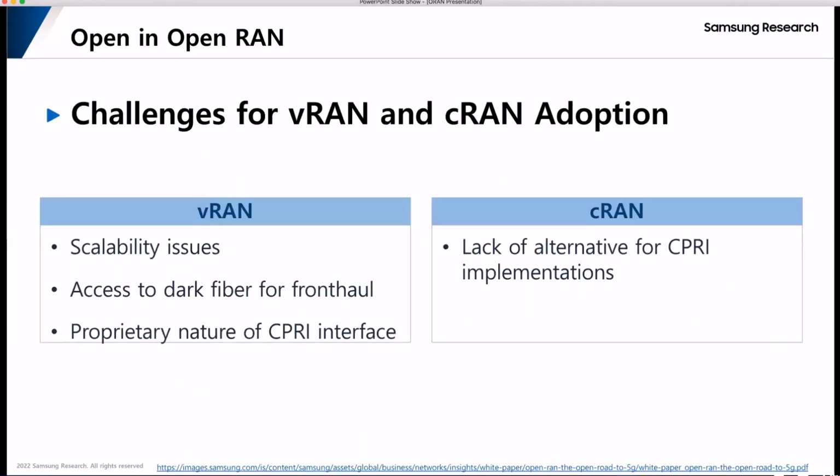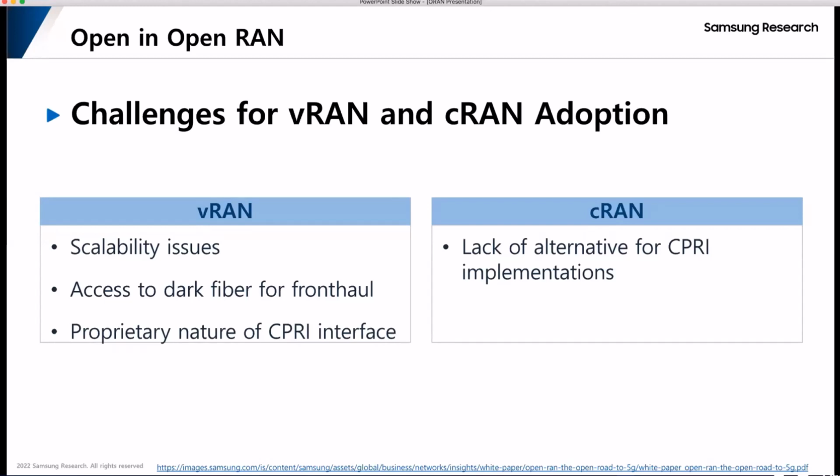Here we see some of the challenges with vRAN and CRAN adoption. While vRAN has several benefits, there are still some scalability issues that it has. It also requires you to have dark fiber for the fronthaul of the network, which is the connection between the radio unit and the vDU.